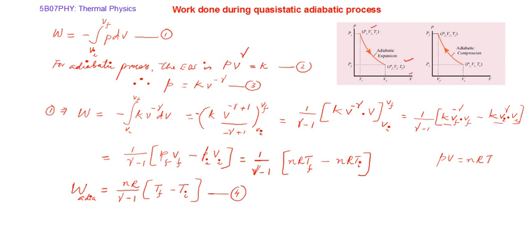Hope the derivation is okay with you. So you can write this equation in several other forms. You can change the denominator as 1 minus gamma, so there will be a negative sign. So the numerator, the Tf Ti sign also will get reversed. It will become Ti minus Tf. So I suggest let us follow this form of the equation.